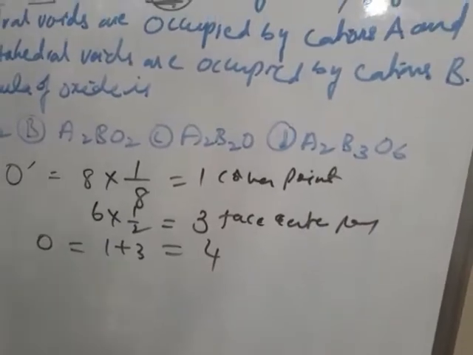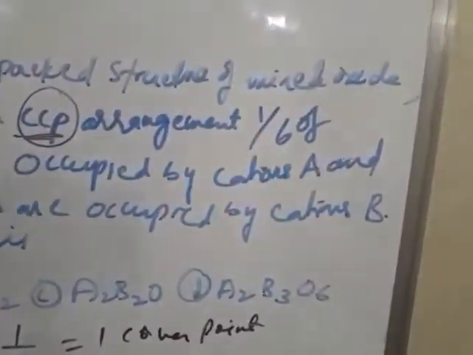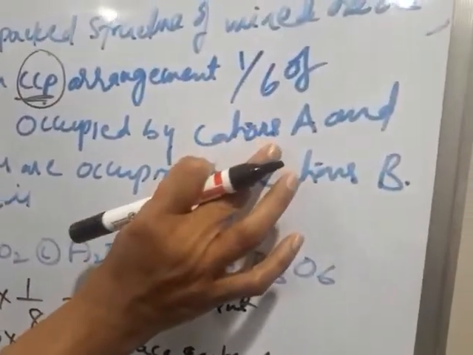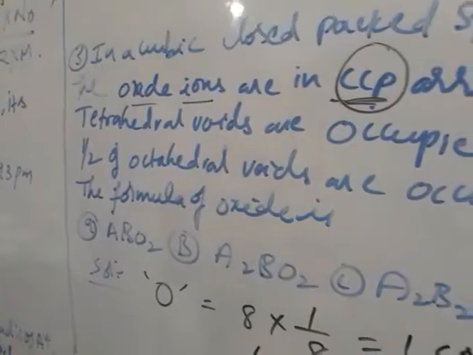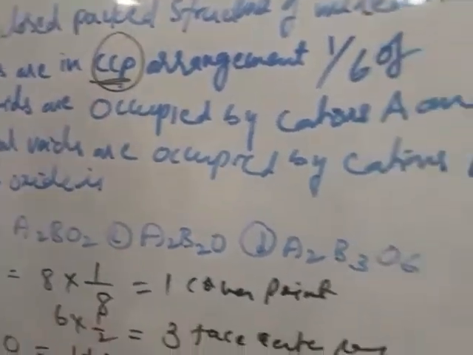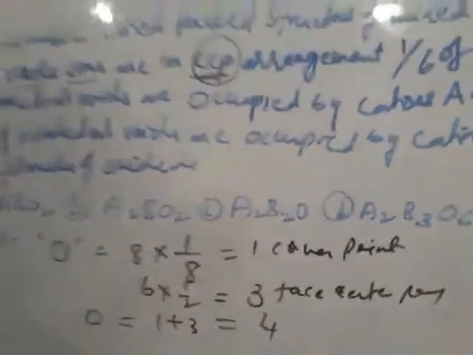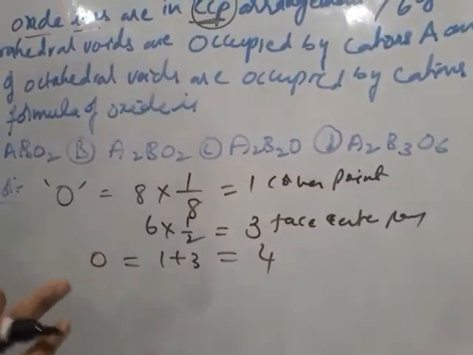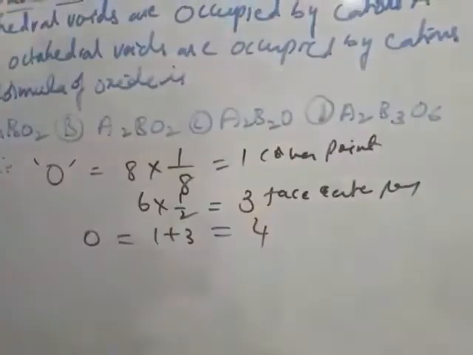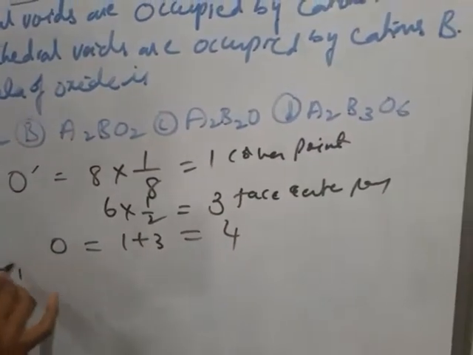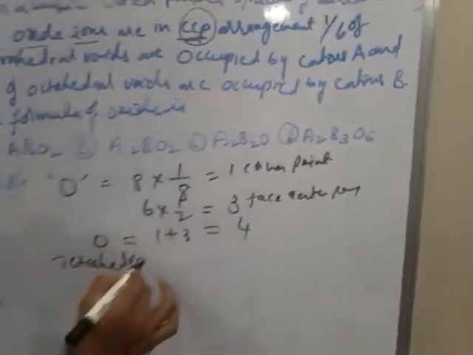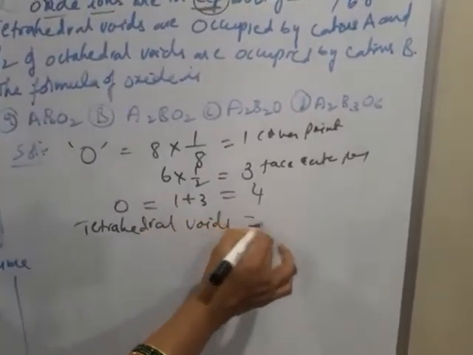Then coming to the A cations. Tetrahedral voids are occupied by cations A. Here the number of atoms is 4, all present in CCP manner. Tetrahedral voids are always double the number of atoms. So tetrahedral voids are equal to 8.